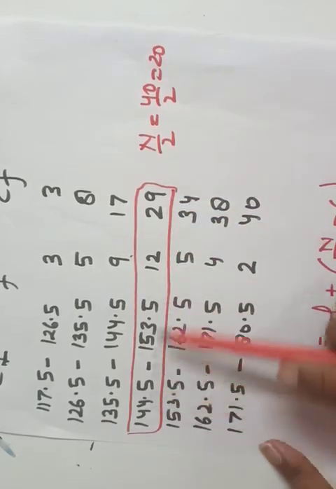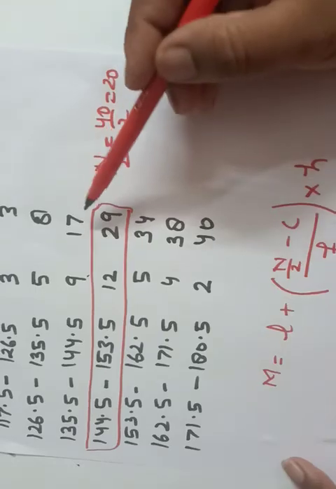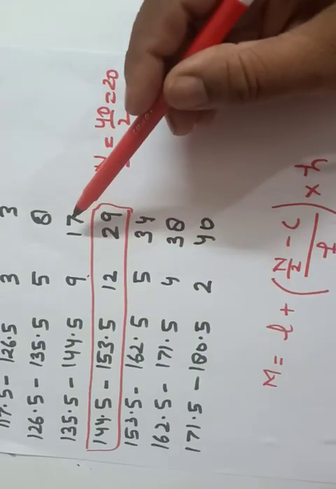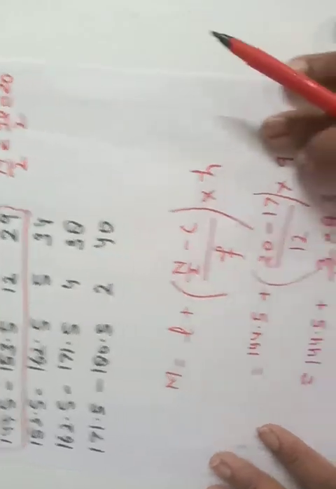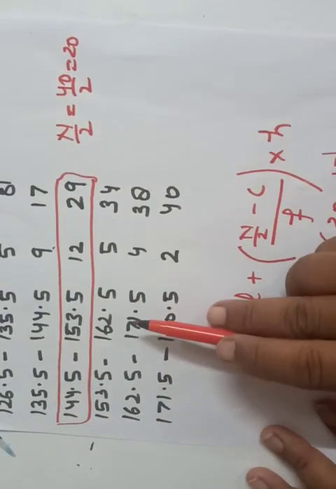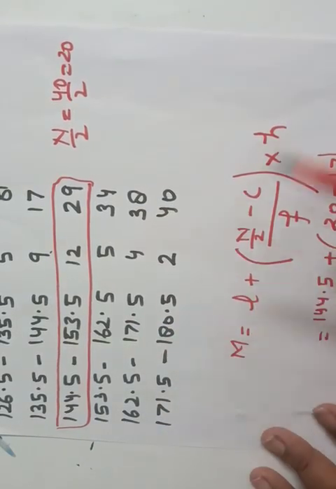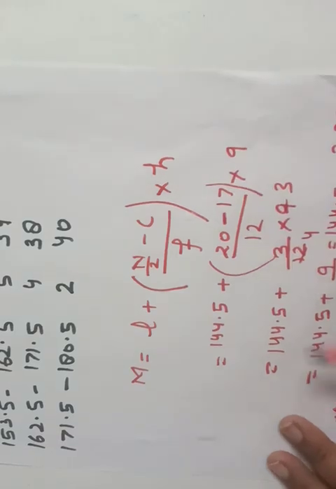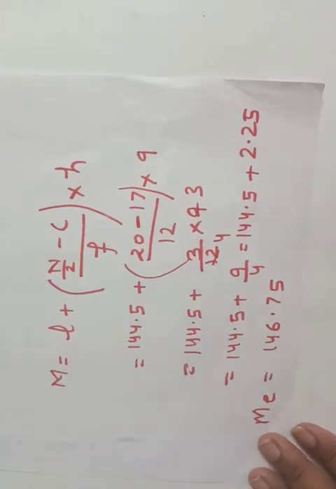In front of this is the median class, and this is the value of f that is required, and this is the cumulative frequency preceding the median class, that is c, 17 here. And h is the difference between the upper limit and the lower limit, that is 9 in this class interval. So we have put in all the values and calculated, and this is the median length of the leaves. Thank you, students.